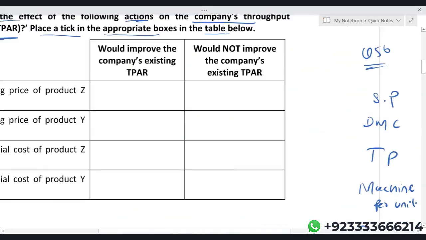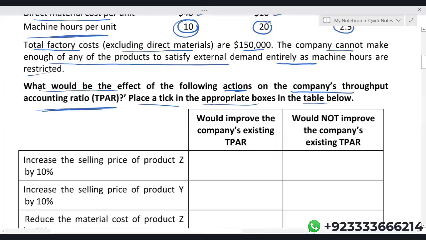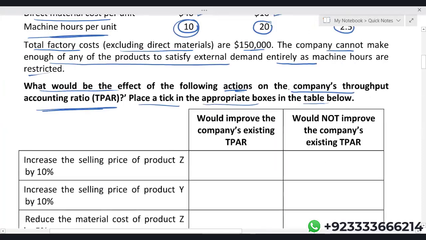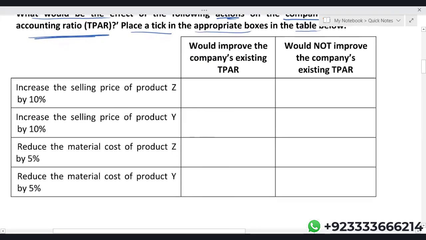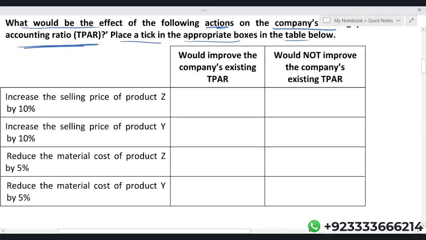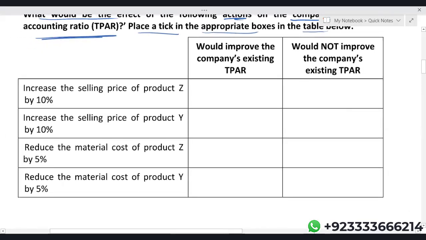Now, what would be the effect of the following actions on the company's throughput accounting ratio? Which would improve the company's existing ratio and which would not? Number 1: increase the selling price of Z by 10%.